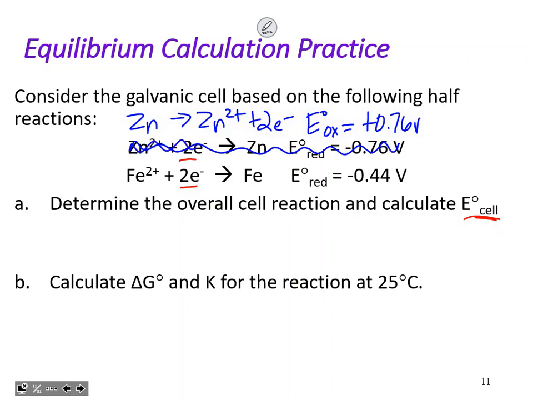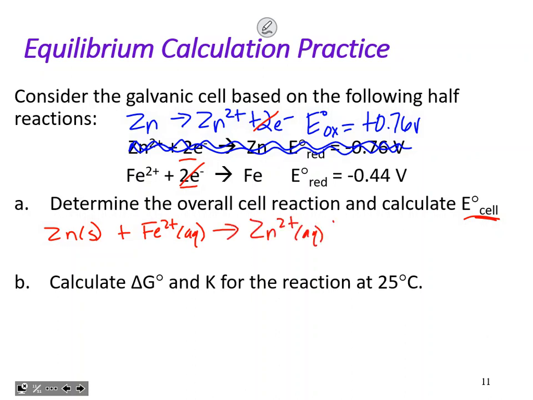And so we don't need this one anymore because we flipped it. Now all we need to do is cancel down the electrons and we can write out our balanced reaction. So we have zinc solid plus the iron 2 ion in solution, giving us the zinc ion in solution and the iron solid. So that's my balanced reaction there.